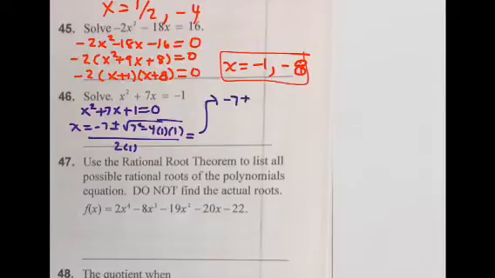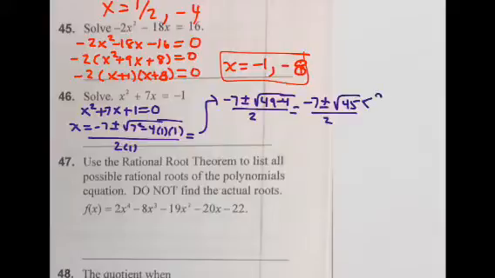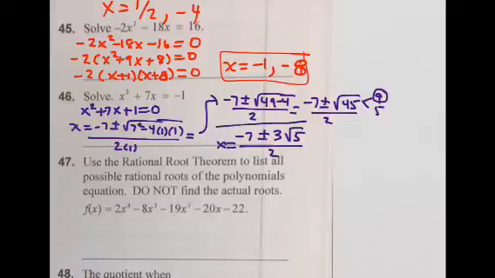Negative 7 plus or minus the square root of 49 minus 4, all over 2, which is negative 7 plus or minus the square root of 45 all over 2. Now 45 is 9 times 5, and the square root of 9 is 3. So this becomes negative 7 plus or minus 3 radical 5 all over 2. And that's what x equals.